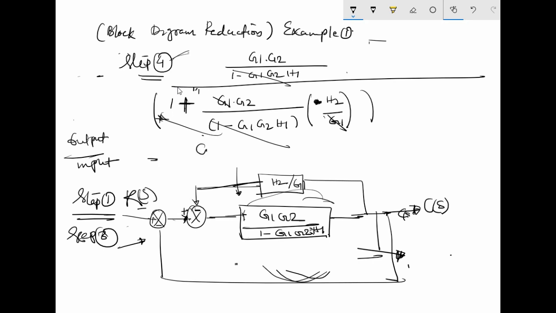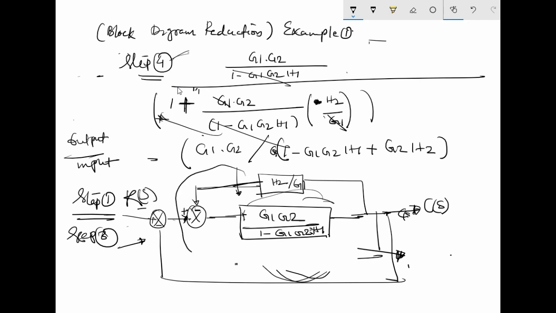So it will become G1 into G2 divided by 1 minus G1 G2 H1 plus G2 H2. So this is your final transfer function after solving this whole thing here.